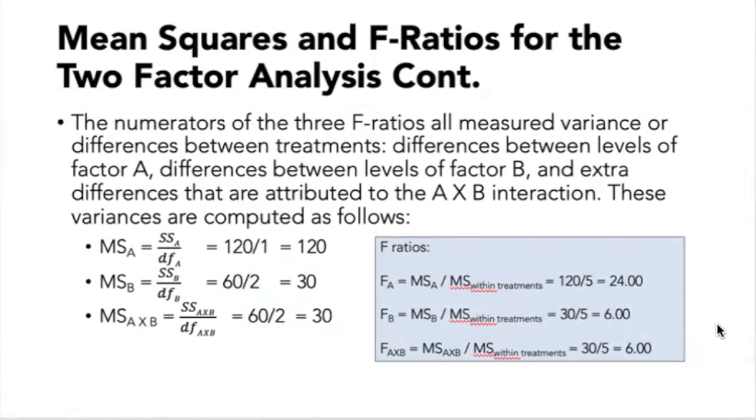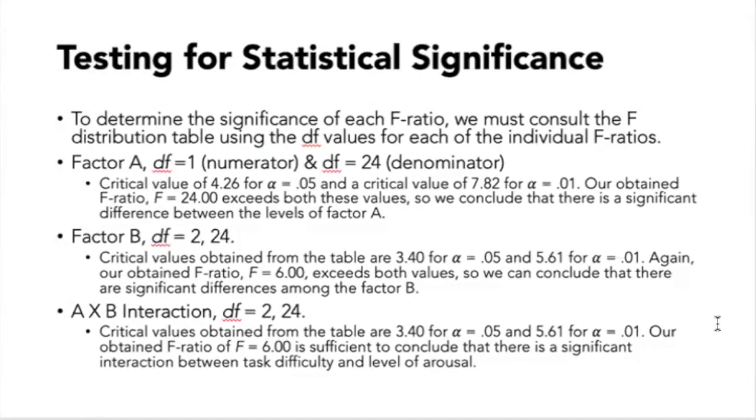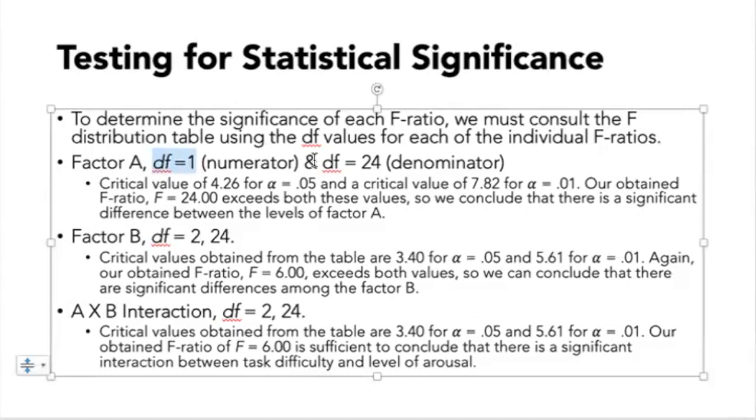Now these are larger F values. So what we need to do is you have to get this F value, and then you have to get the F distribution. Based on the degrees of freedom values, you need to go ahead and check whether it goes beyond the critical value. Now, factor A has degrees of freedom 1, and then denominator degrees of freedom is 24.